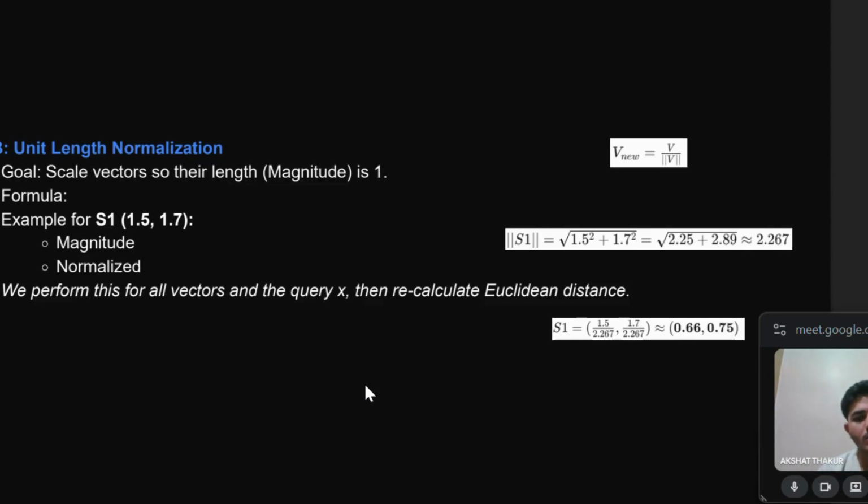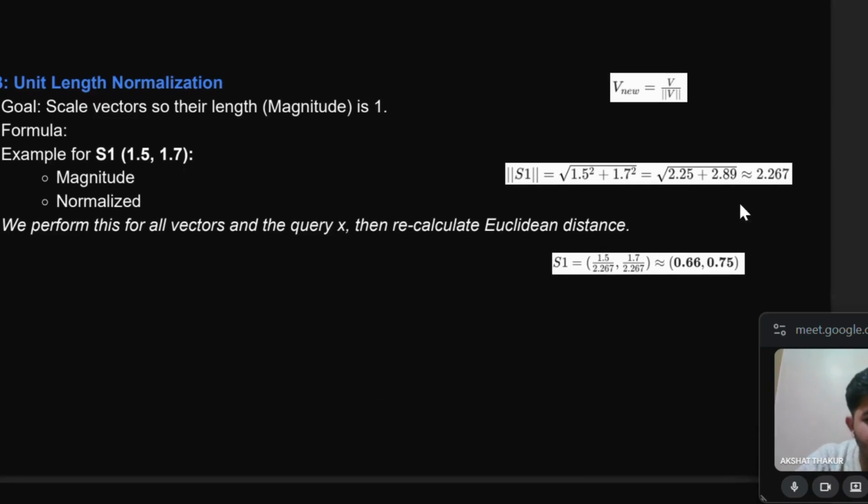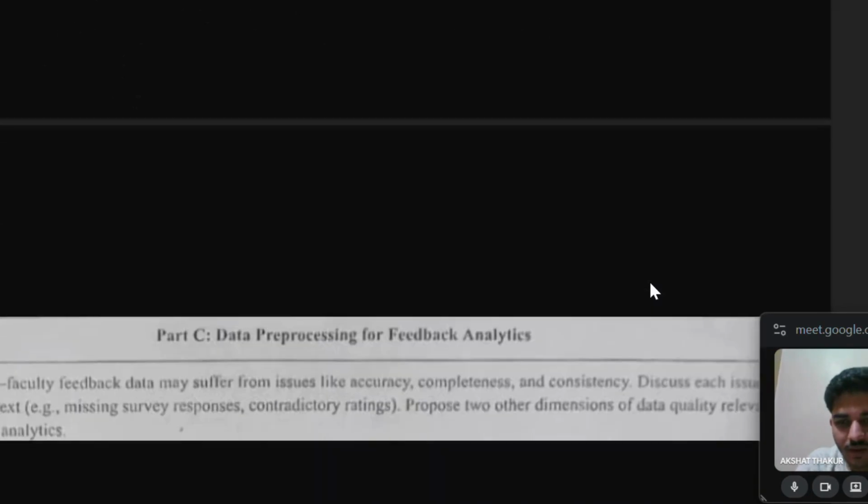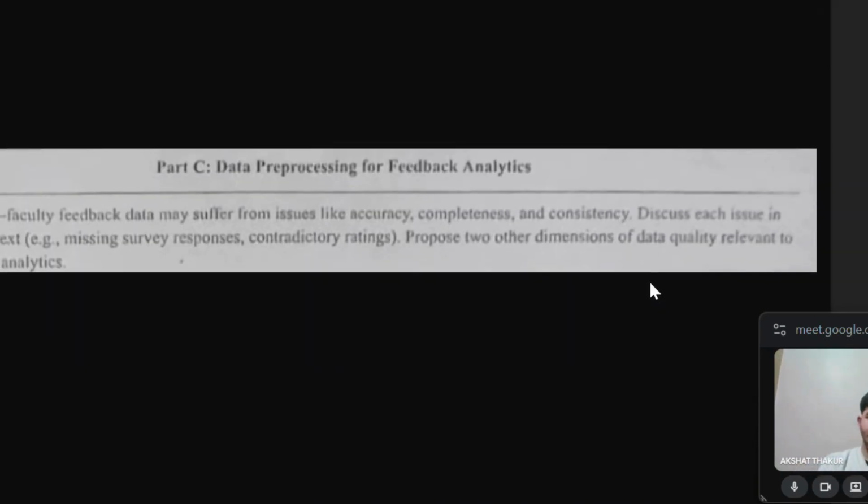We perform this for all the vectors and the query x, then recalculate the Euclidean distance. So the distance we got for S1 will be divided by this 2.267, which will be approximately 0.66 and 0.75. So this was our part B.